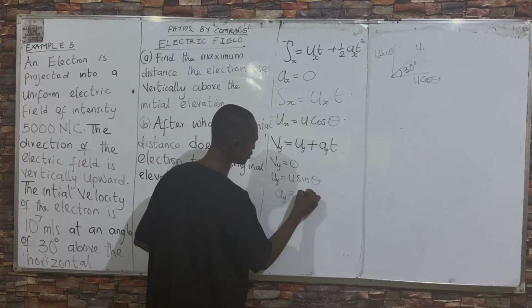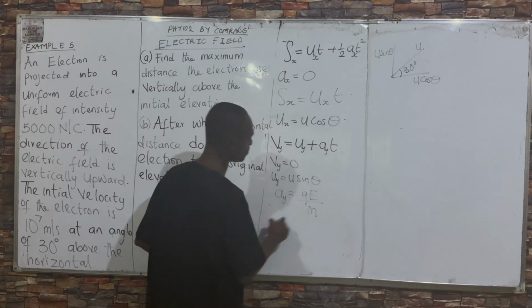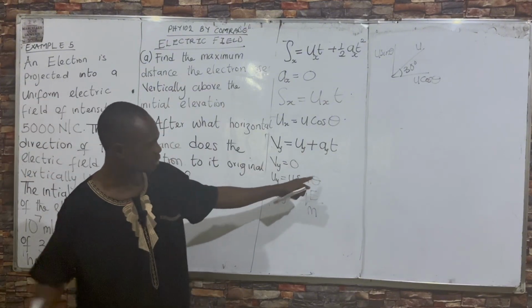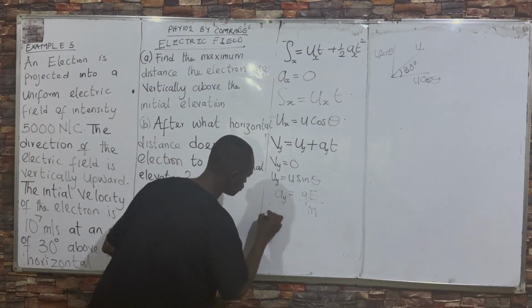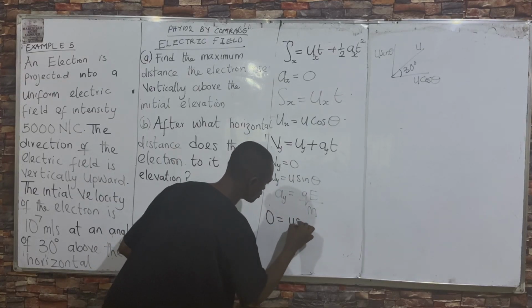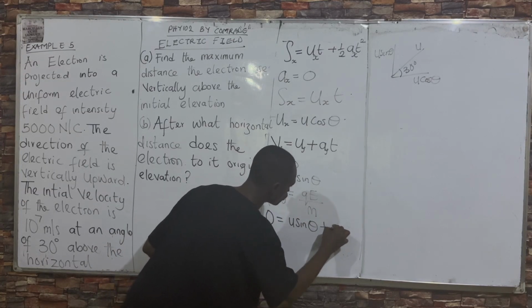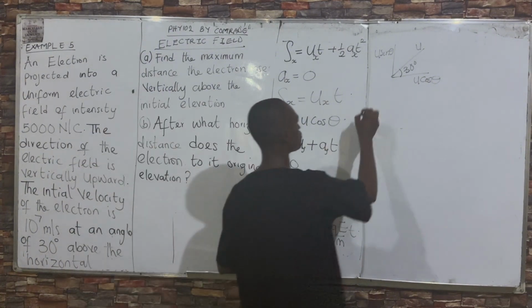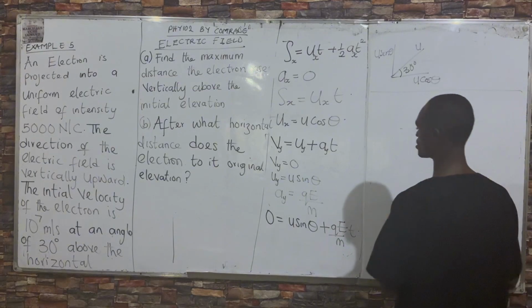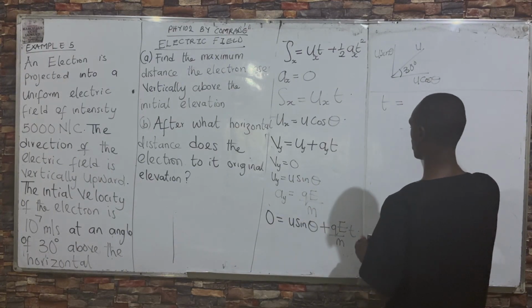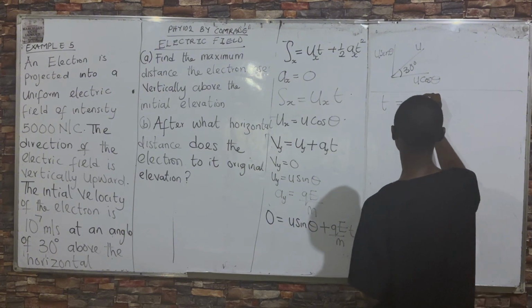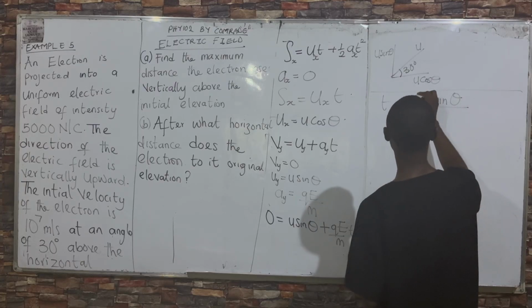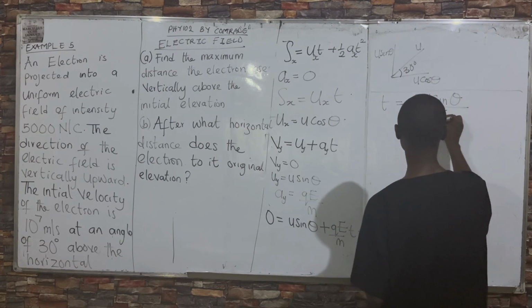Ay is actually QE over M. So if I substitute this here and make T the subject of the formula, then I have 0 equals U sine theta plus QE over M times T. So if I make T the subject, T becomes U sine theta over QE over M.